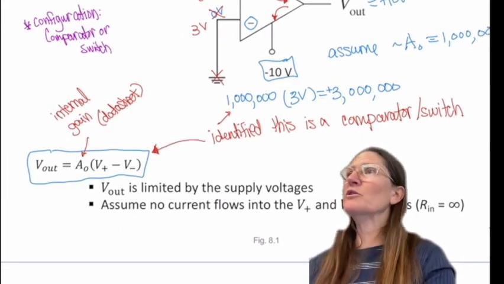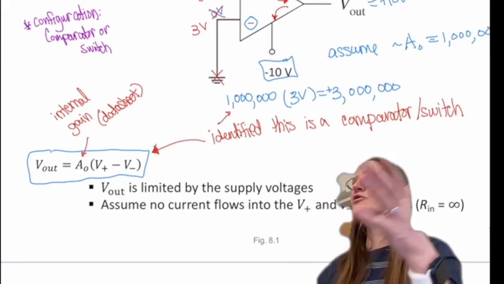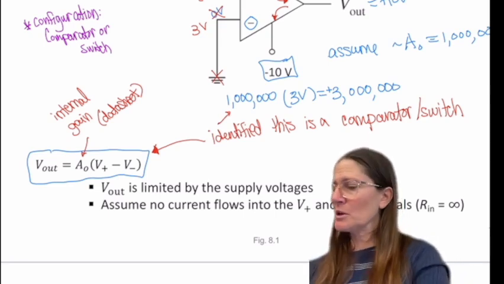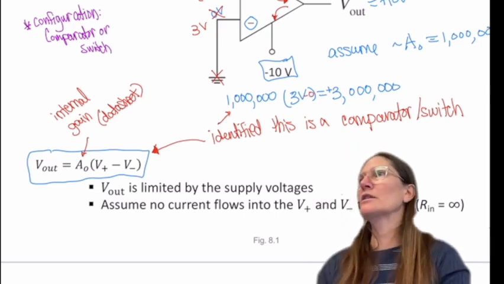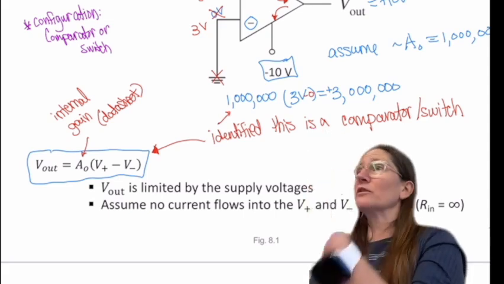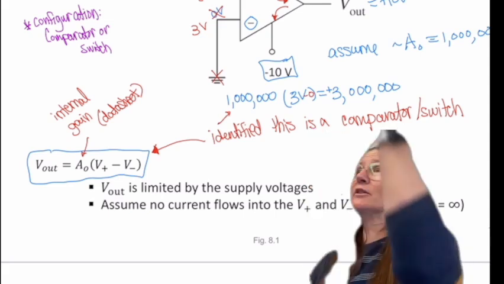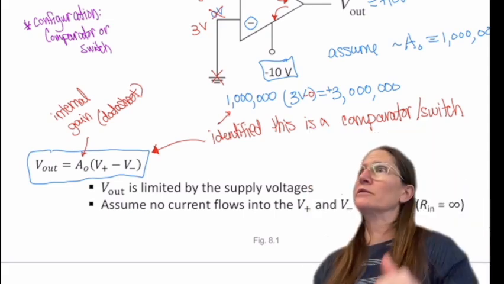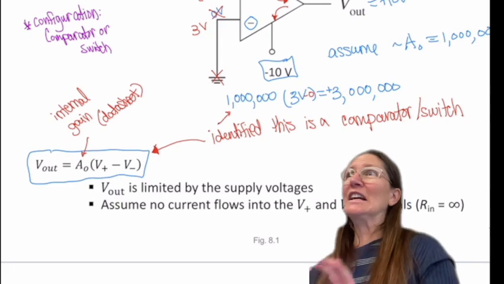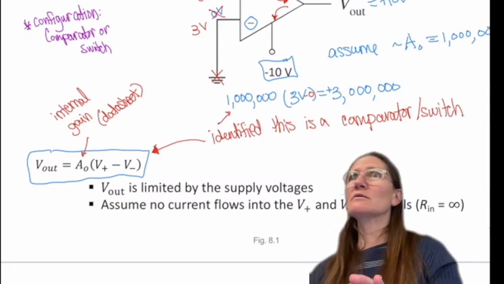And so those were just plugging in those numbers. I said just assume a large number for A naught. Okay. And so that was 3 minus 0 really in there. And that's not possible to achieve. So that's what it's supposed to do, but it can't quite do that because it's limited by those power supplies. Okay. Does that make more sense? Yeah. Okay. All right, any other questions? Want clarification?